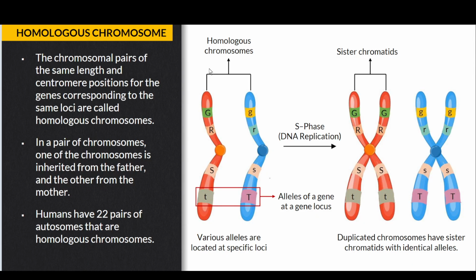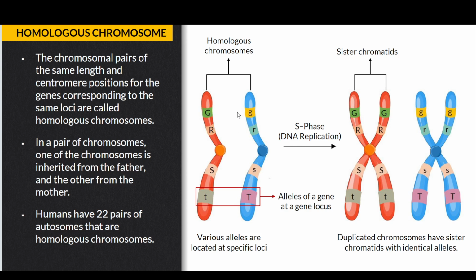Now, homologous chromosomes have various alleles located at specific loci. Here you can see the chromosomal pair of the same length and centromere position, with genes corresponding to the same loci, called homologous chromosomes. These letters are alleles, which represent genes.